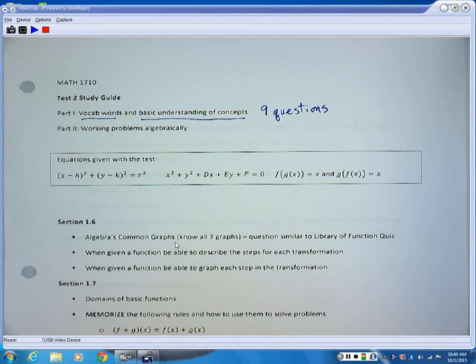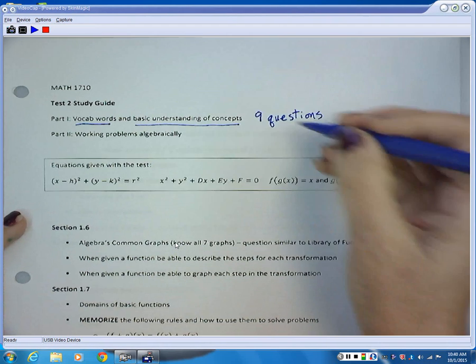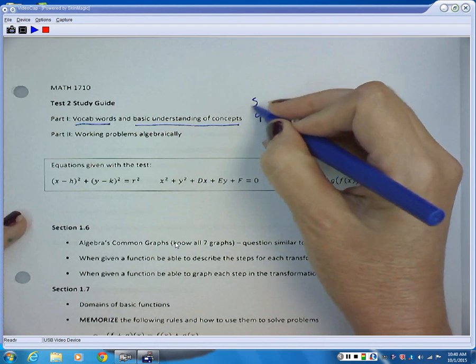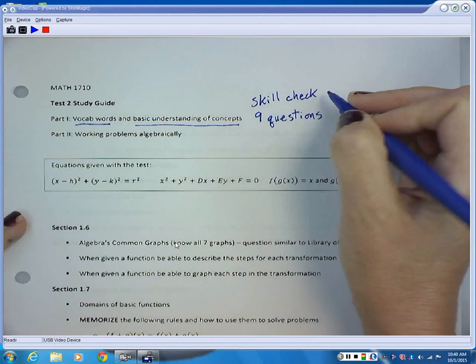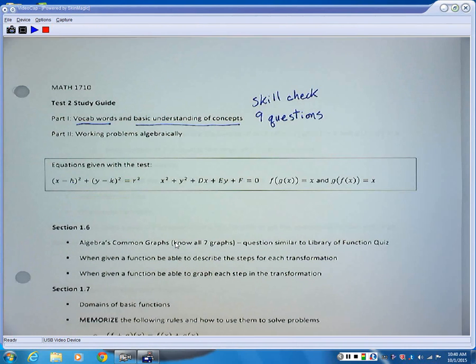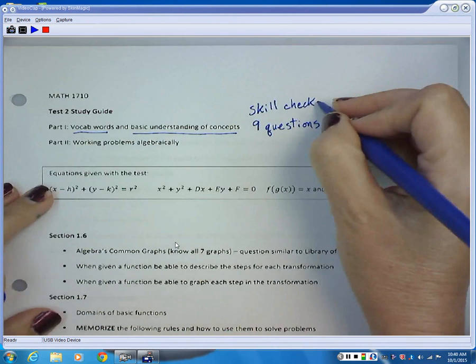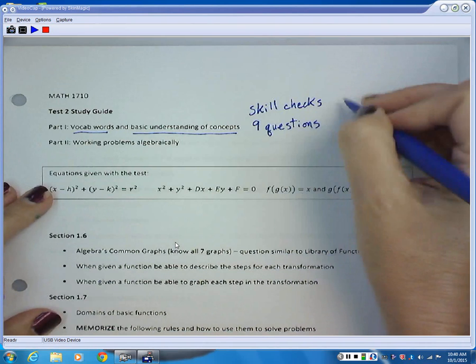Again, look through the notes on concepts. Look at the skill checks. You can see the book in my Stat Lab if you don't have it, or with the Pearson app on tablets or iPads. So look at the skill checks at the end of the sections.